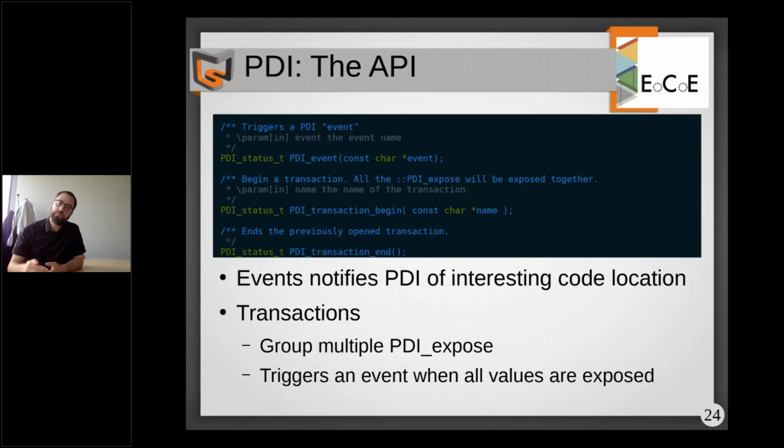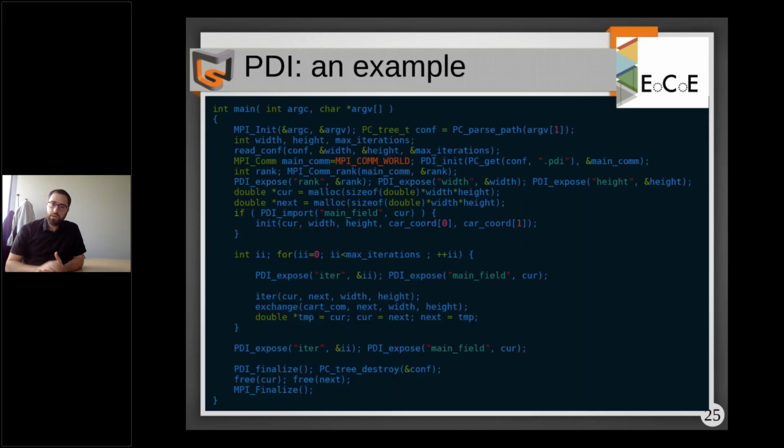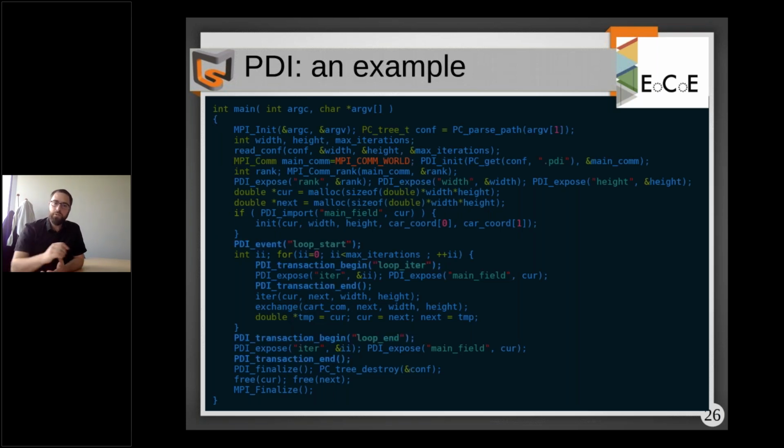So you have share the first buffer, share the second buffer, reclaim the second buffer, reclaim the first buffer, instead of interlacing. So let's come back to our example. In our example, I just add a few events. So for example, a loop start event just before starting the main time loop.